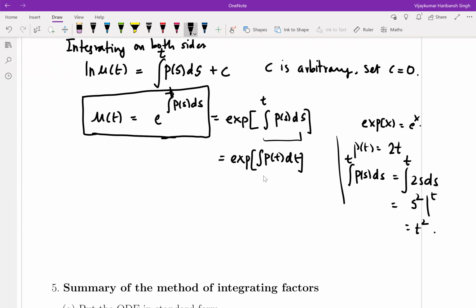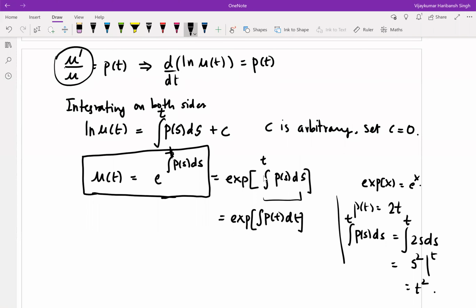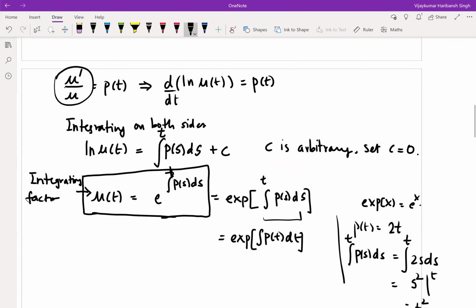So now let's see. This is the function you multiply on both sides, and this is the integrating factor. Once you do that, let's see how we solve this differential equation.